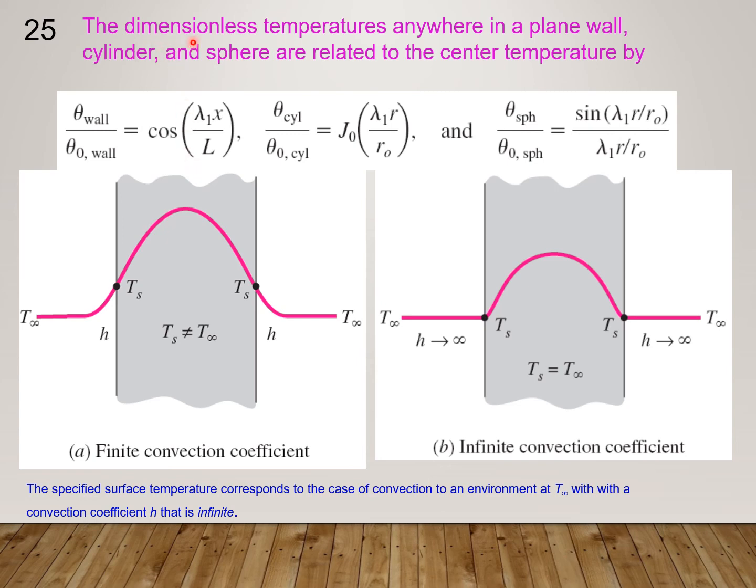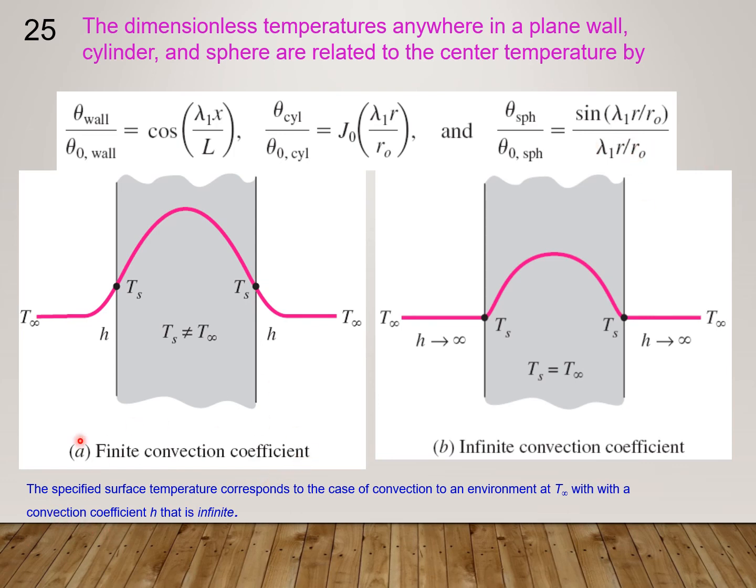So now the dimensionless temperature anywhere in the plate, cylinder or sphere is related to the temperature by the formula theta wall upon theta 0 comma wall equals cos of lambda 1 x by L. This was for large plane walls. This is for cylinder, theta cylinder upon theta 0 comma cylinder equals J naught of lambda 1 r upon r naught, and this is for sphere, which is equal to sine of lambda 1 r upon r naught over lambda 1 r upon r naught.